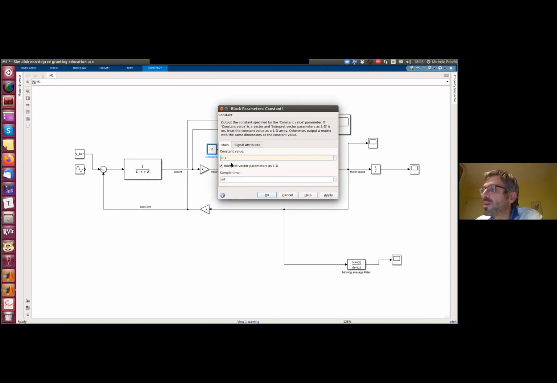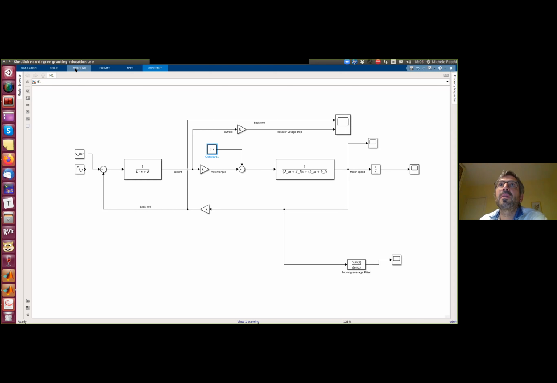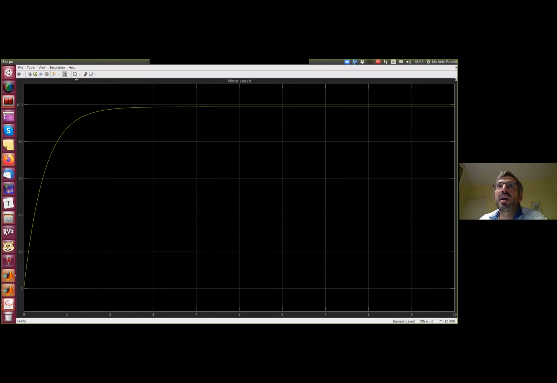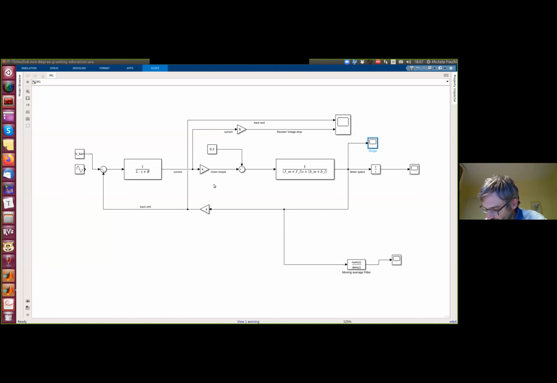Let's say 0.1, 0.2 Newton meter. The load torque I set was so high that it was reverting the motion. Yeah, and this time the motor starts to spin up and reaches a steady state velocity where friction is compensated and the load torque is balanced. Okay. Very good.